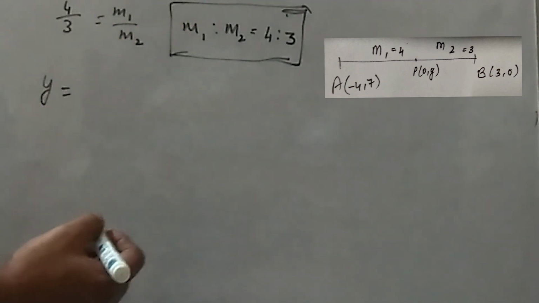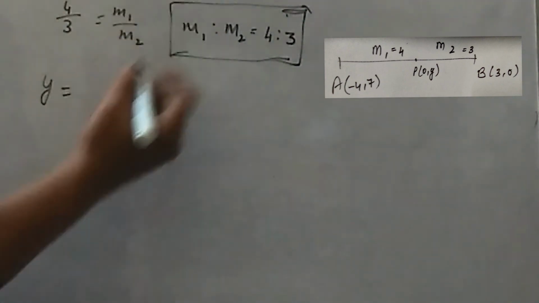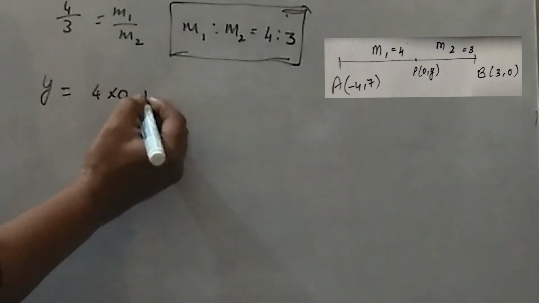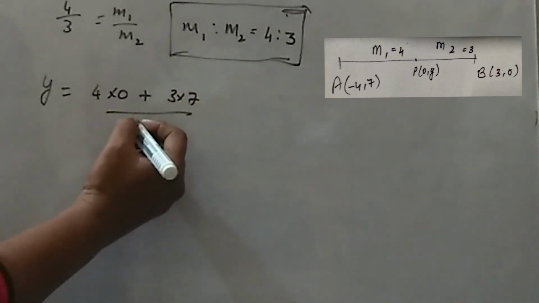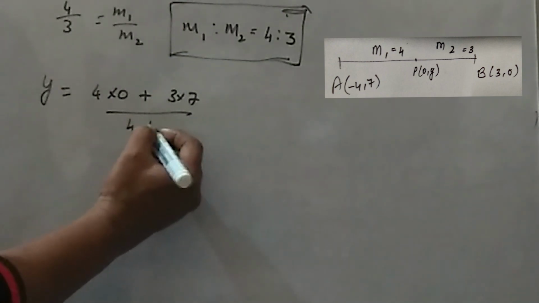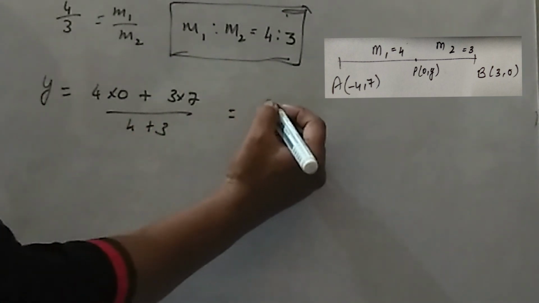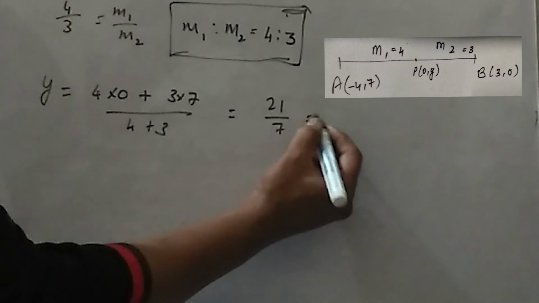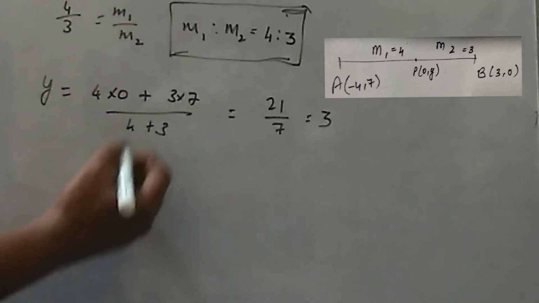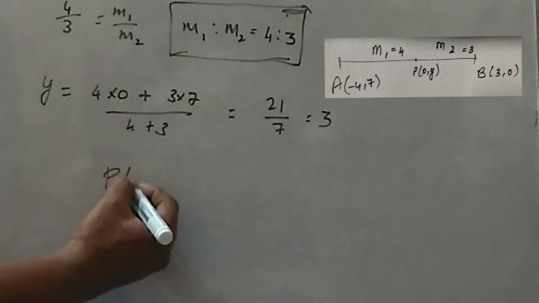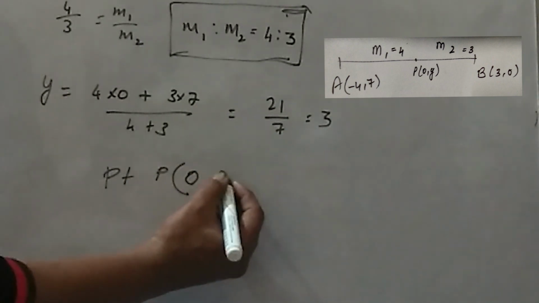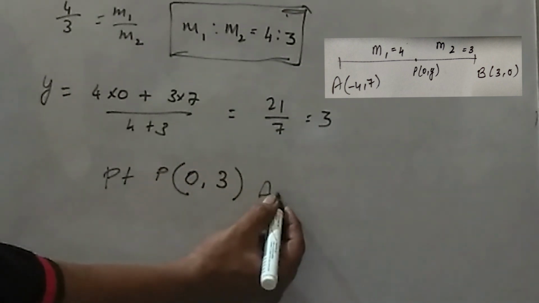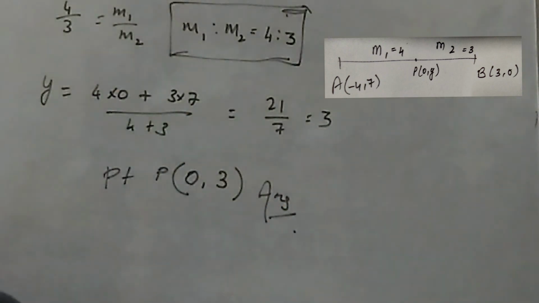Now multiply: (4 into 0 plus 3 into 7) upon (4 plus 3) is equal to 21 upon 7, which is equal to 3. Therefore point P is (0, 3). This is the answer.